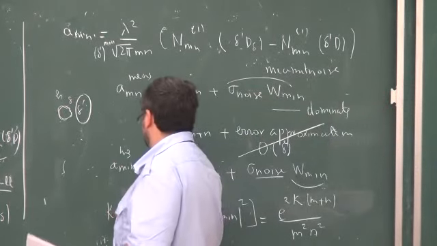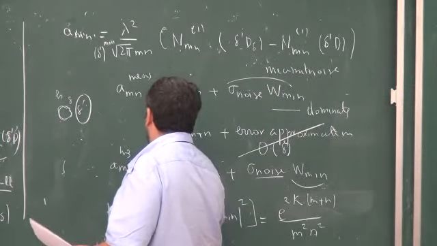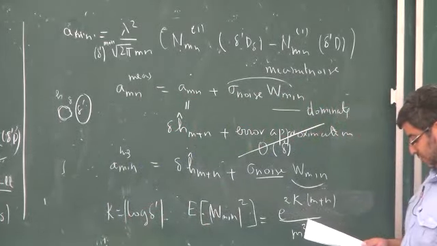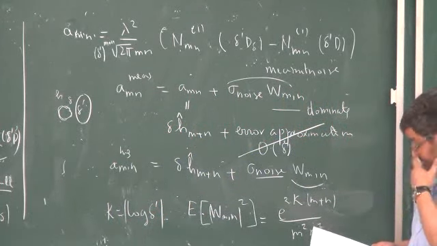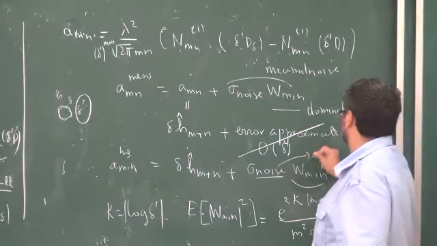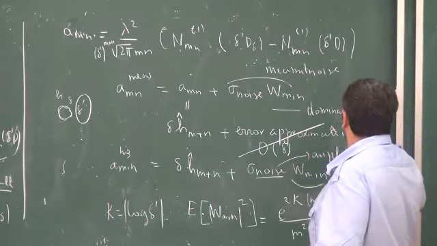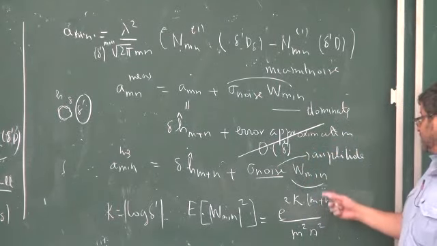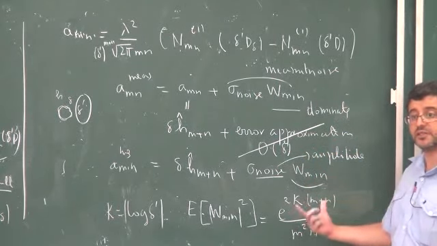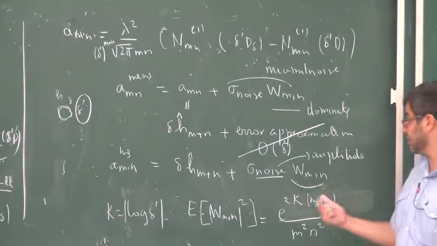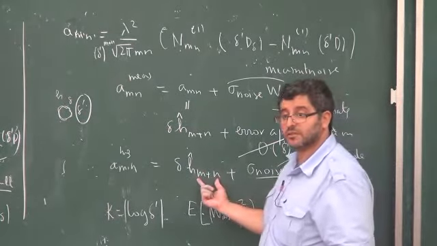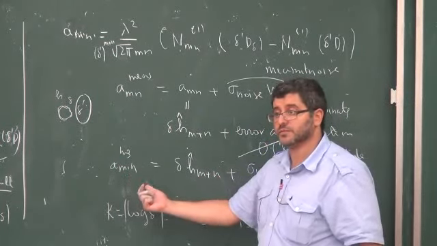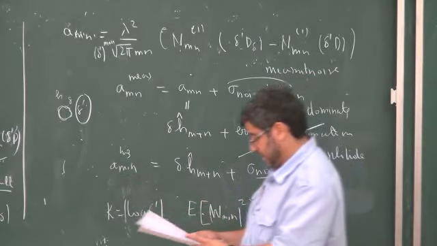Kappa is the log of Δ'. I will explain it. It will become clear in half an hour. Okay. And sigma noise is the amplitude. So the variance of this noise is exponential variance. As m plus n is getting higher, it's exponential variance. It means that getting h_{m+n} from A_mn is an exponentially ill-posed problem. Okay.